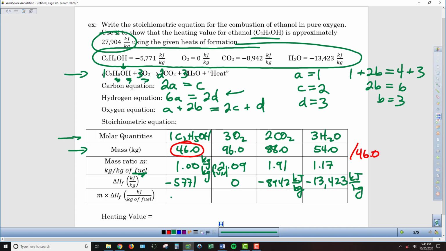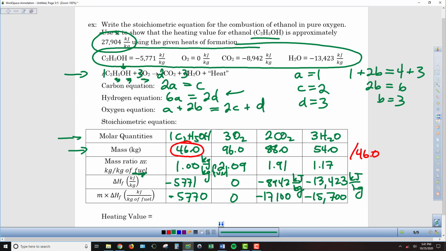So when we multiply, here we're going to get negative 57, and if we go to 3 sig figs, we get negative 5770. Here we get 0 times 2.09 is 0. 1.91 times negative 8942 gives us negative 17,100. And then finally for the water, 1.17 times the negative 13,423 gives us negative 15,700.